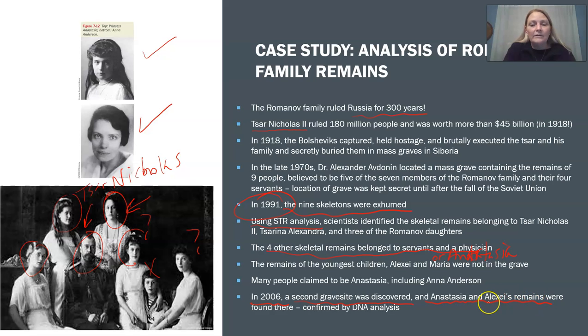So they found the boy and the girl, Anastasia. And so this lady, she had already died, but she was proven to be a fake, even though she fooled a lot of people. So it's an interesting story, and it's a good case study in using forensic science in general and also DNA analysis.